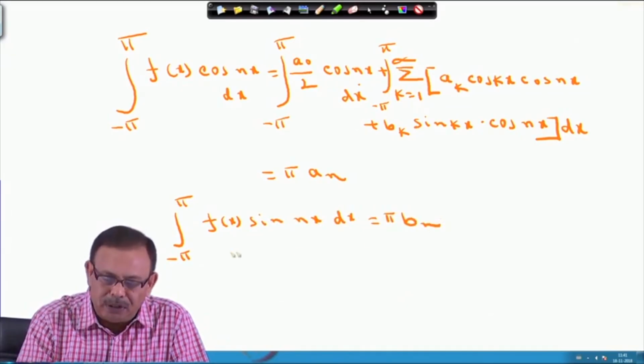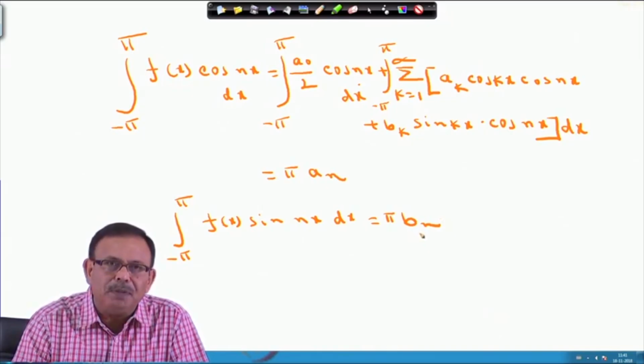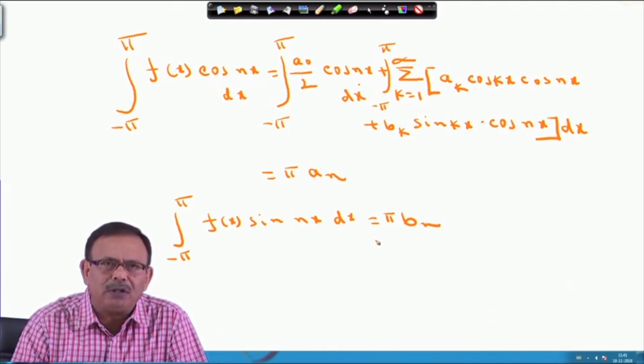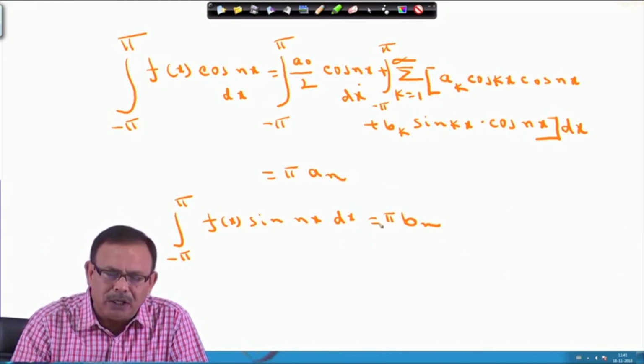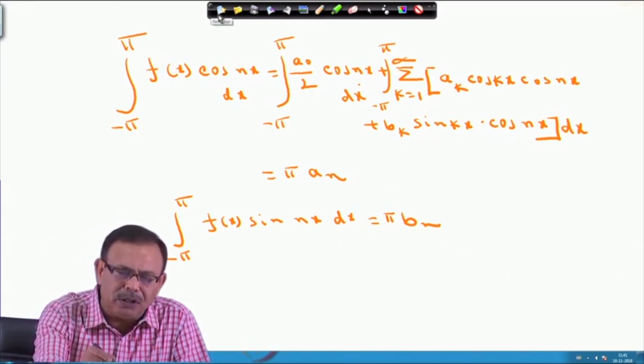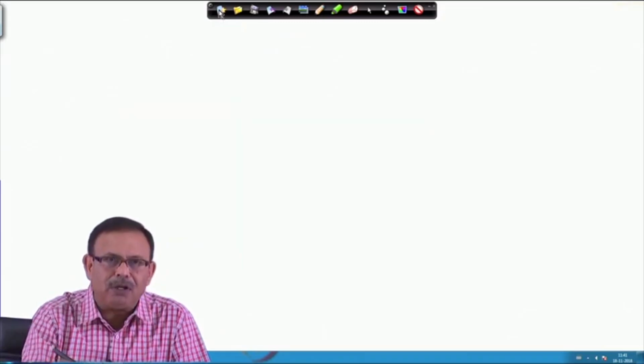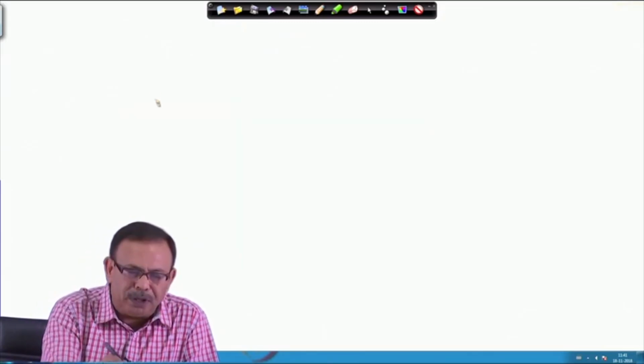So b n will be equal to 1 by pi integral from minus pi to pi of f x sin n x dx. Now the values which I obtained of a naught, a n and b n, I can put in the original equation, and after putting them in, I will obtain this.